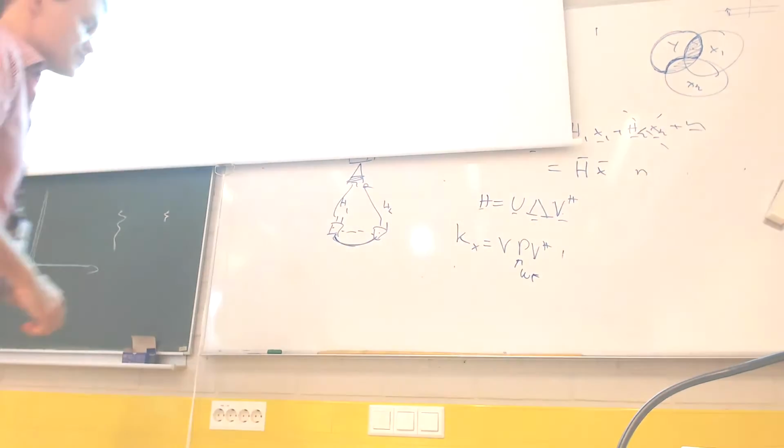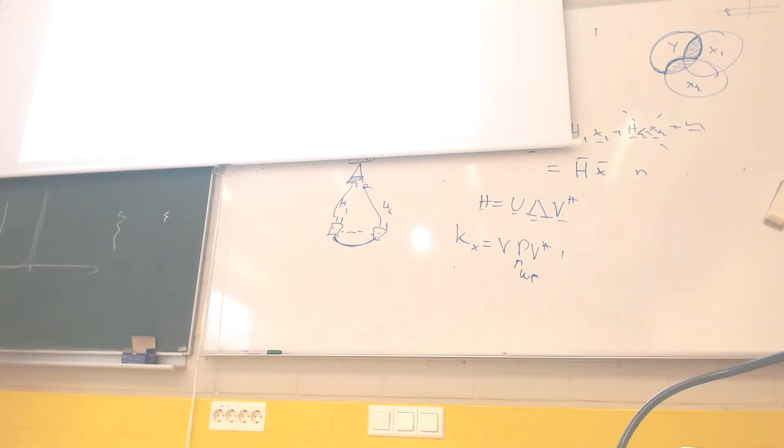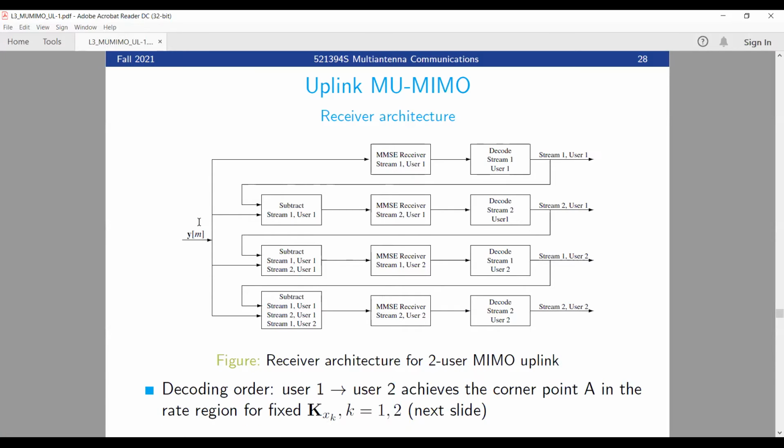Okay, receiver structure. Again, an extension of the single antenna case. Now we have multiple streams per user. So first, the network decides the decoding order, right?